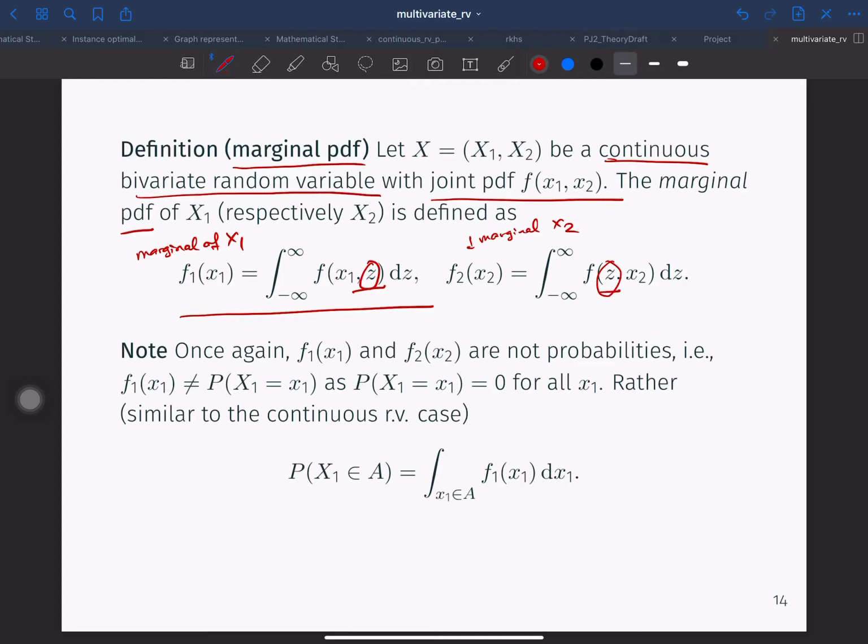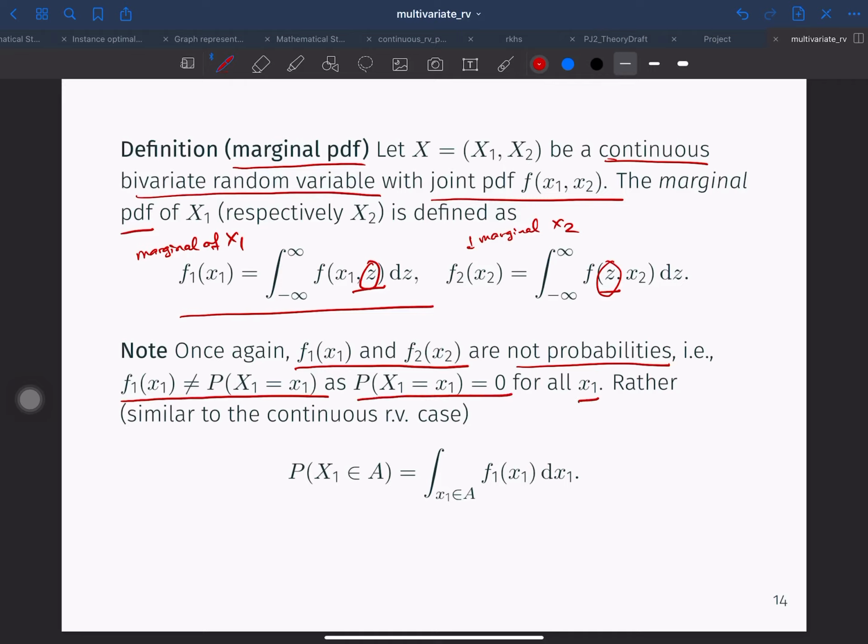So once again, the marginal PDFs are not probabilities. Just to reiterate the obvious, but sometimes we forget: f1(x1) is not the same as the probability that X1 equals x1, because that probability is always 0.